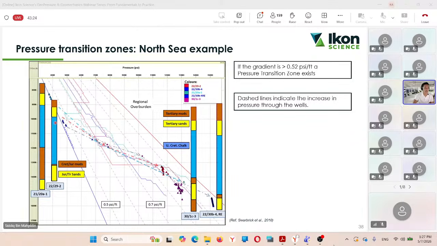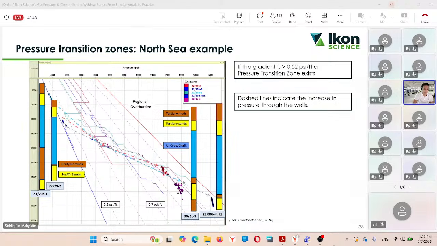You can see that this is the chalk zone over here, in between two sand layers. This is sand. You can see in the shallower section of the sand, we have hydrostatic pore pressure, normal pressure.